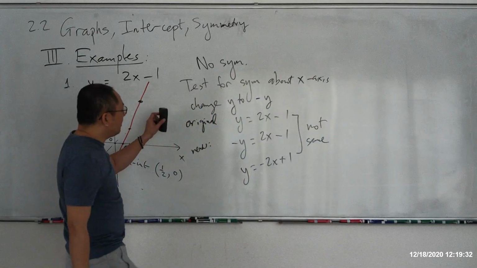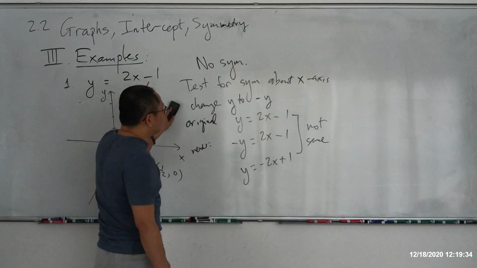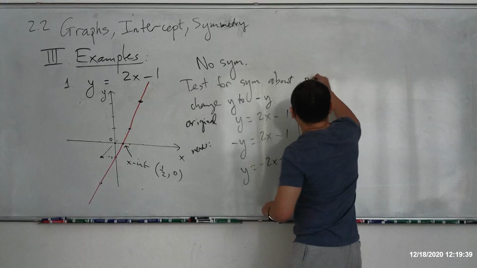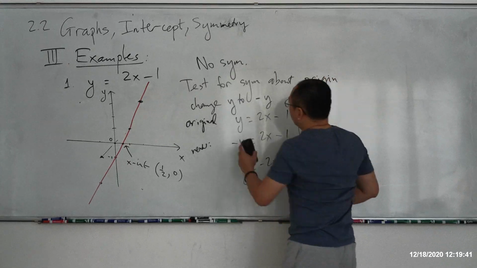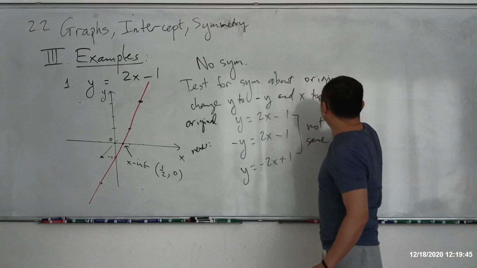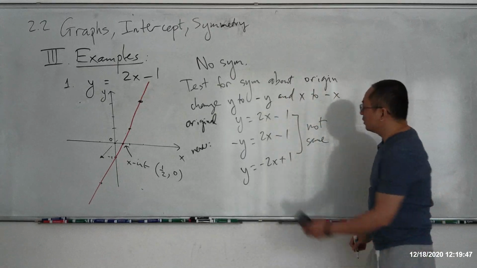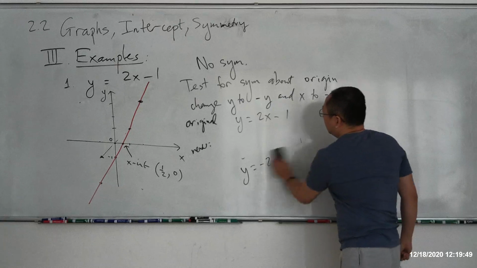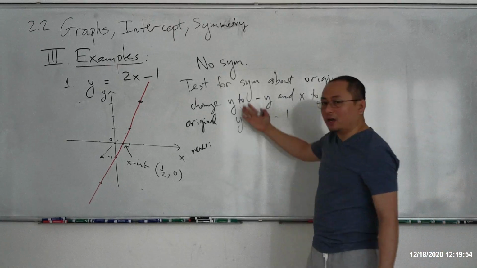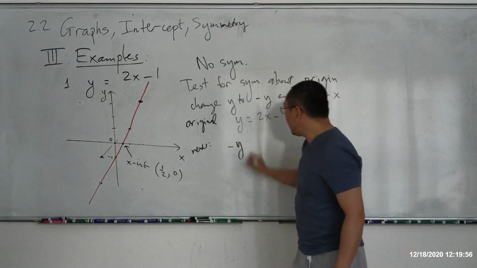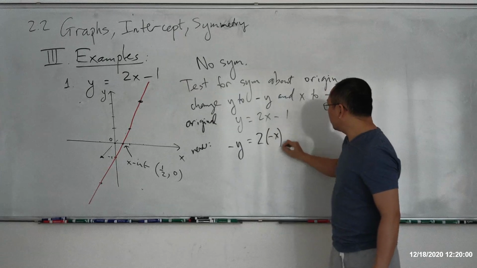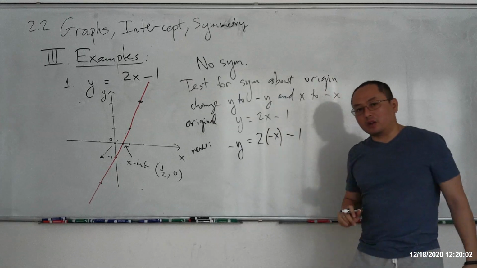Similarly, if you want to test for symmetry about the origin, you change both y to negative y and x to negative x. My original equation is y equal to 2x minus 1. In my new equation, whenever I see a y, I change it to negative y, and whenever I see a letter x, I change it to negative x, and I keep everything else the same.